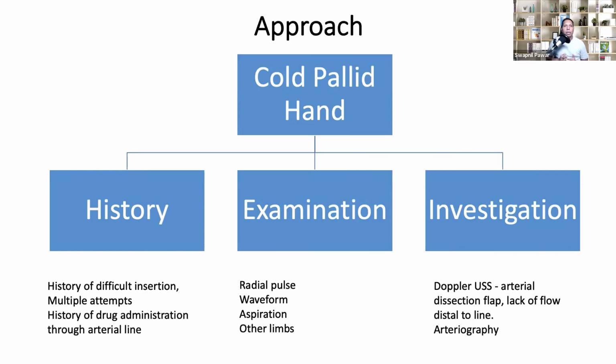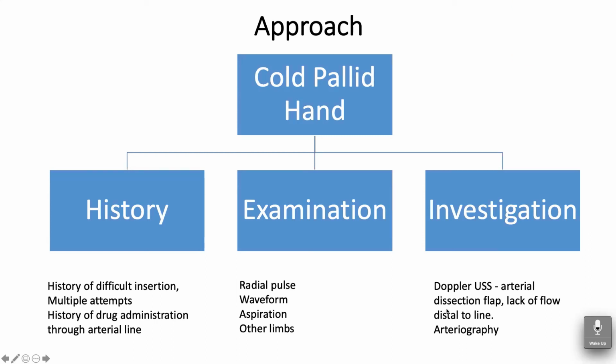Probably the first thing will be to remove the radial arterial line. If the patient is quite sick, that means already on high dose vasopressor requirement, then another arterial line needs to be inserted.